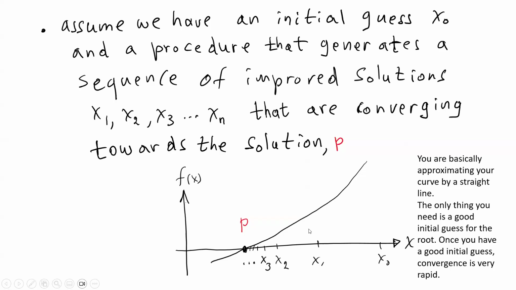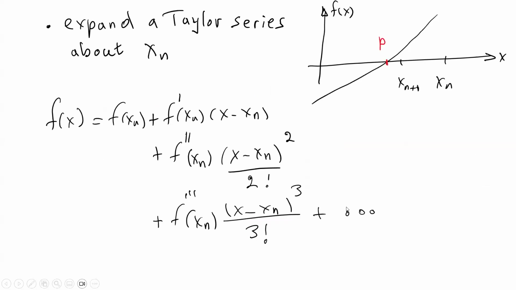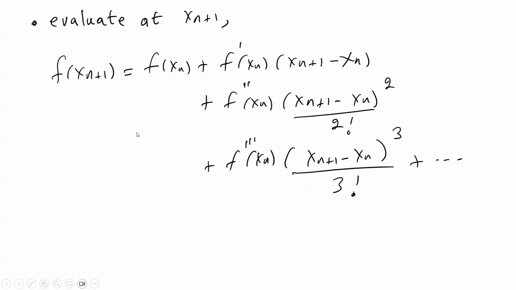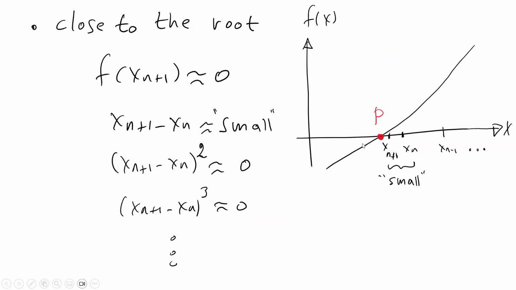Then we expand a Taylor series about this point, x sub n. This is the Taylor series, and now we evaluate this function at x sub n plus 1. If x sub n plus 1 is close to the root of this function, then we can say this value is approximately 0.